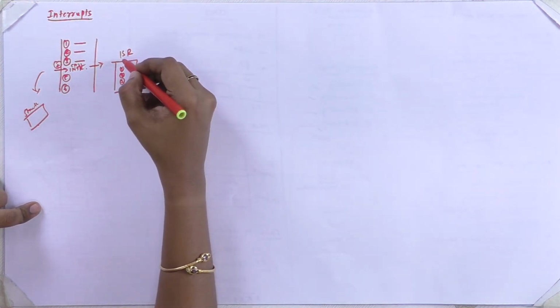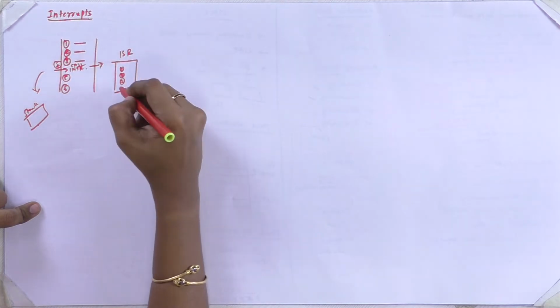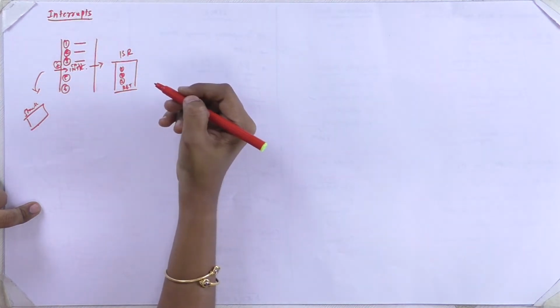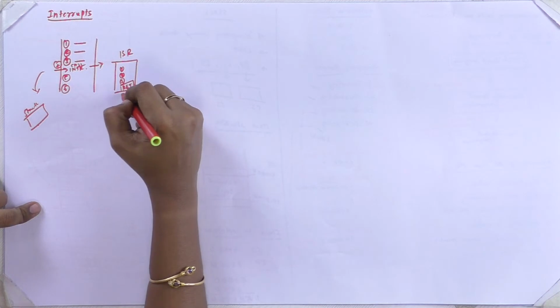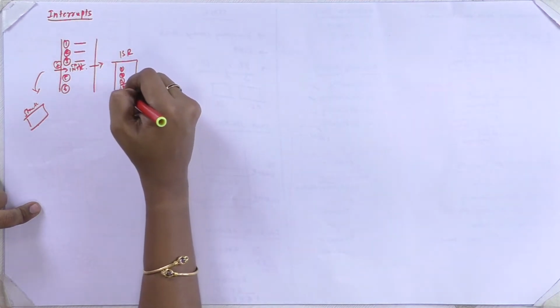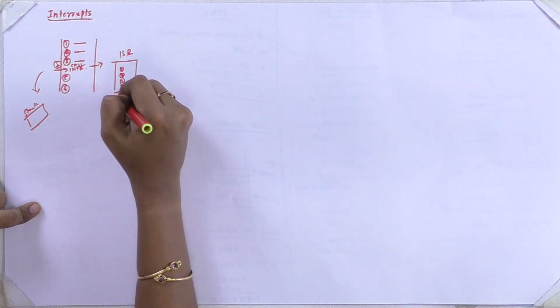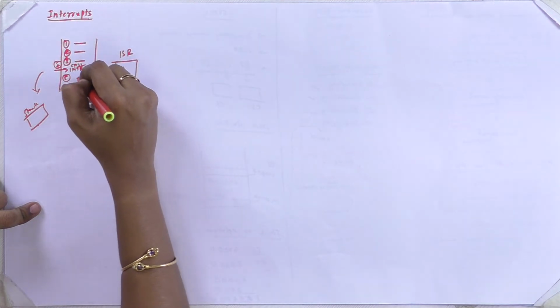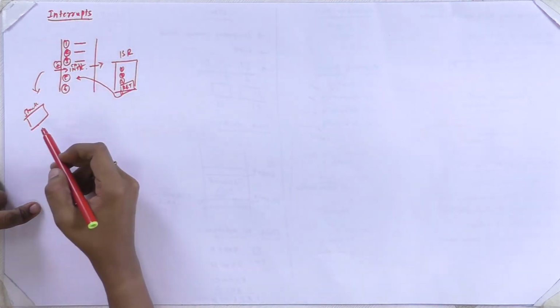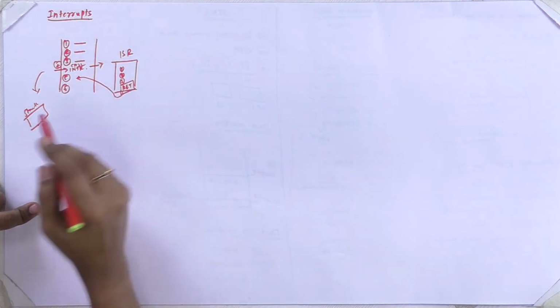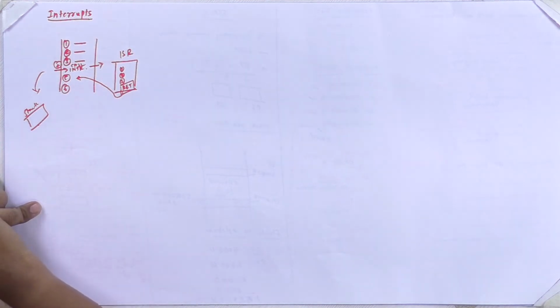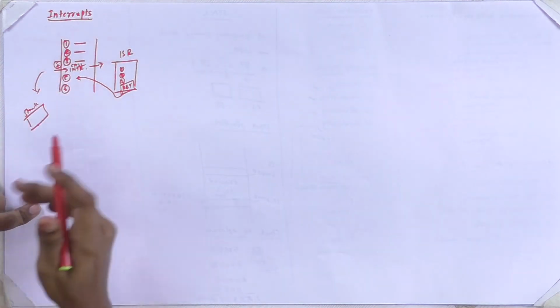At the end of every interrupt service routine, there will be a return instruction. Whenever this return instruction is executed, the processor will return to the position where it suspended its normal operation and start executing its normal program. So this is how an interrupt sequence is executed.